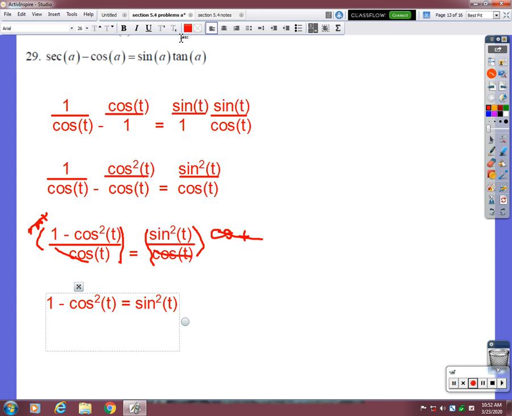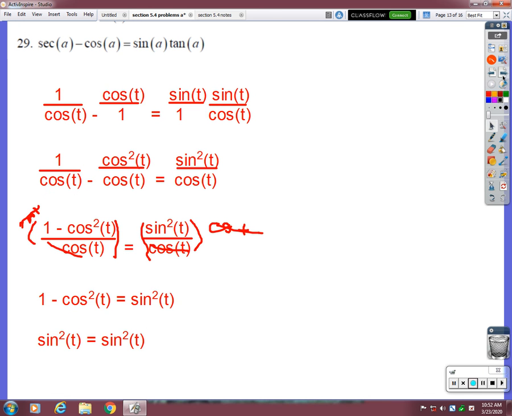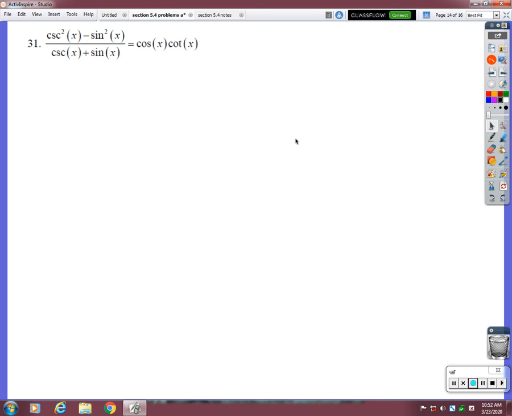And we've already talked about a number of times that 1 minus cosine squared is really equivalent to sine squared. So we're left with sine squared equals sine squared, so we're done. Okay, 3 more. Oh my lord.